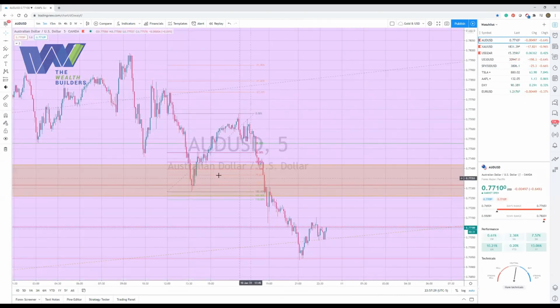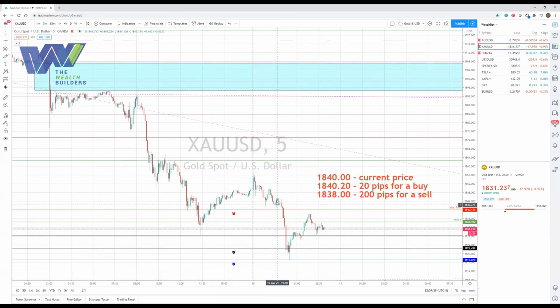When it comes to AUD USD, because it has both a Sydney pair and a New York pair, you could trade it during the Sydney session or during the New York session. When it comes to gold, because we have this major USD pair, you typically want to trade it when the New York market is open.